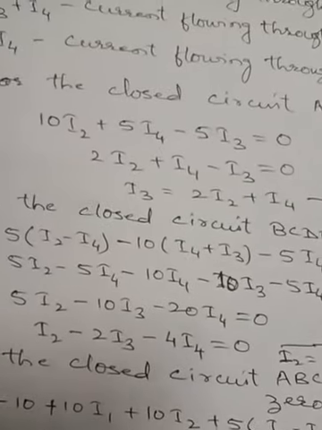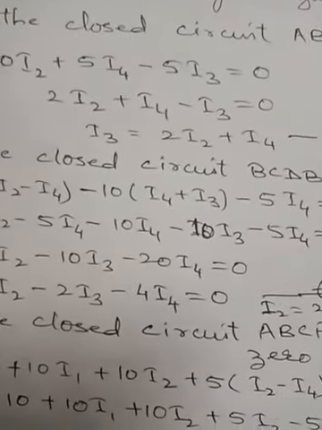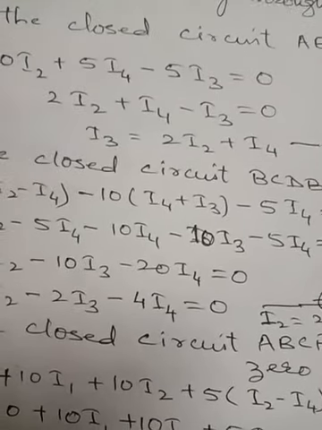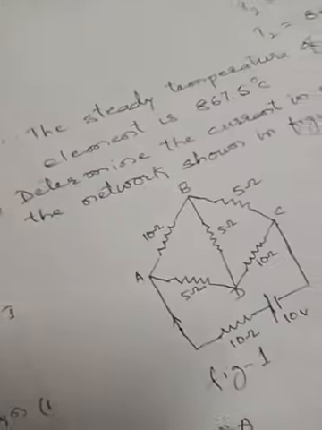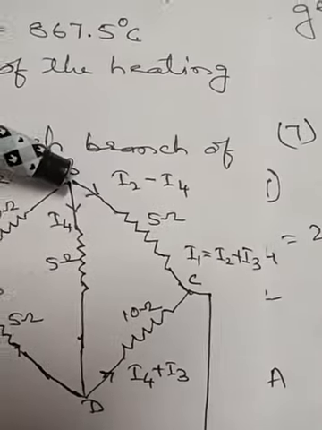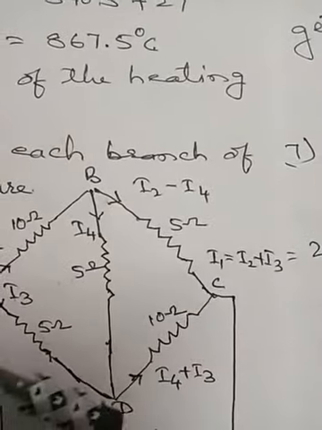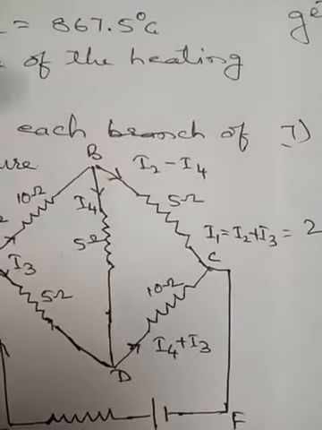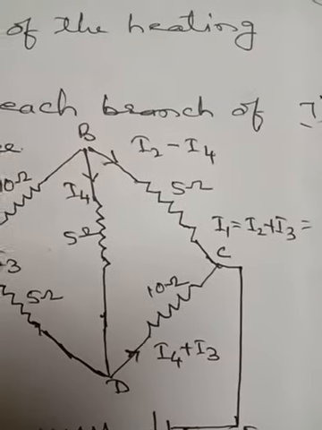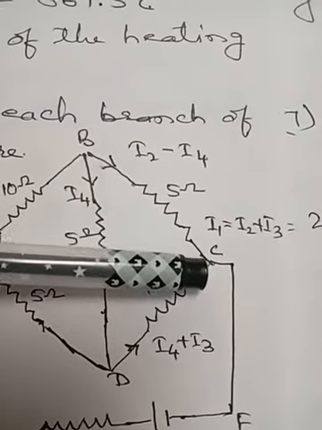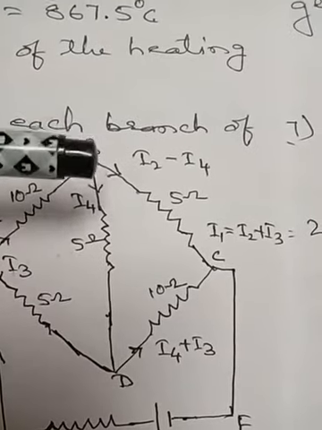Now for the first loop we have seen. Now we have to see the second loop. Second loop is B, C, D, B. Again you see this diagram. The current is starting from B, moving to C, and then coming here.